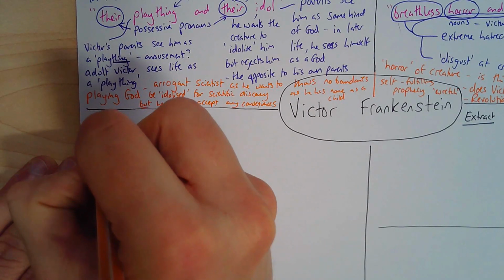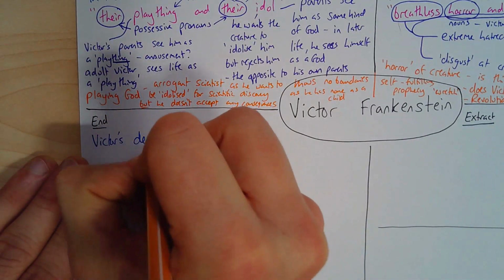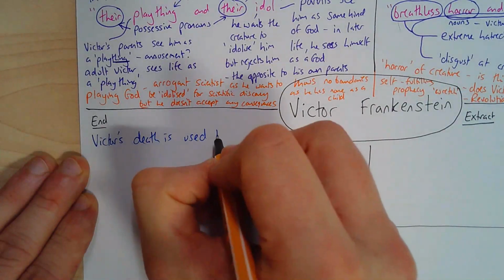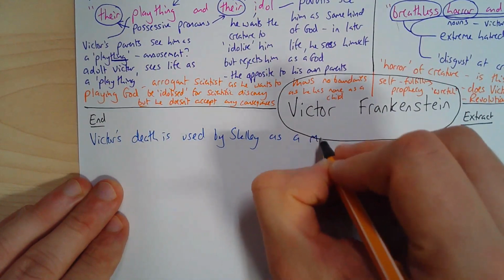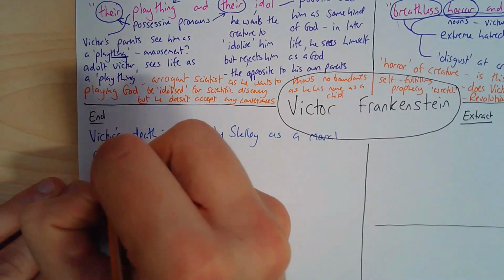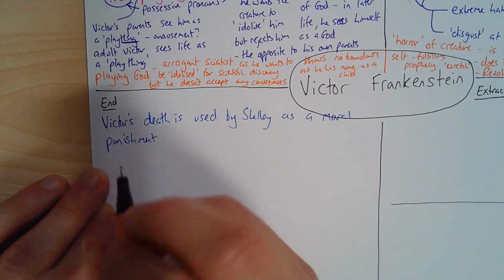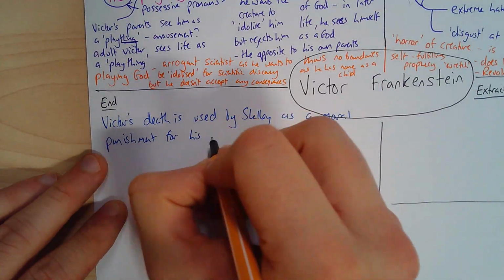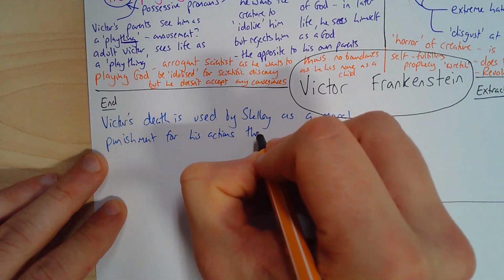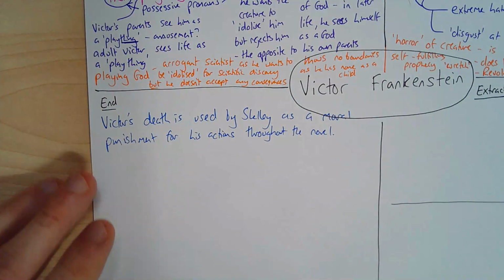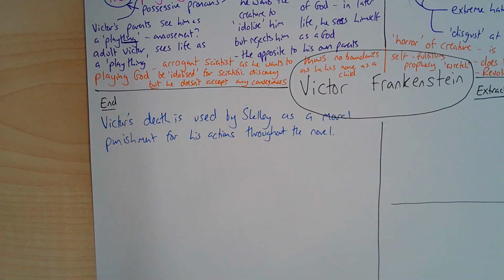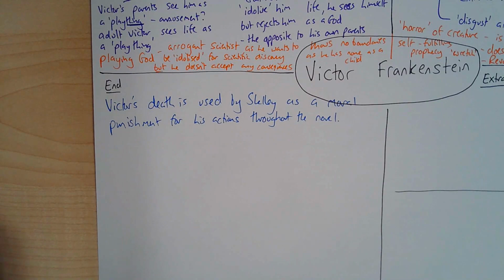Victor's death is used by Shelley as a moral punishment for his actions throughout the novel. Basically, what we're saying, and this is quite a contextual point we're going to be making, is that Victor dies because he messes around with the laws of nature.